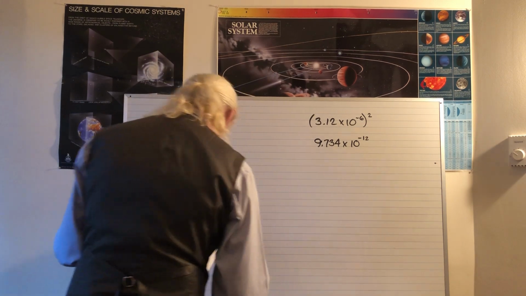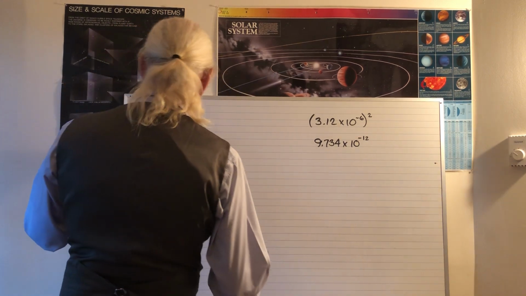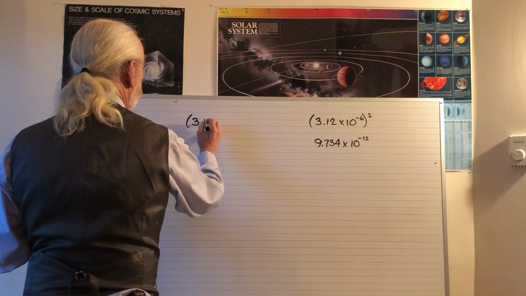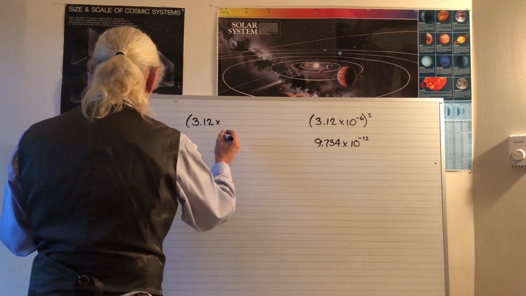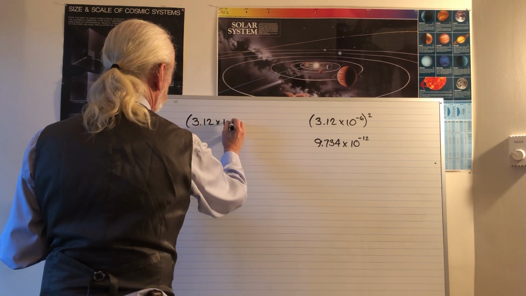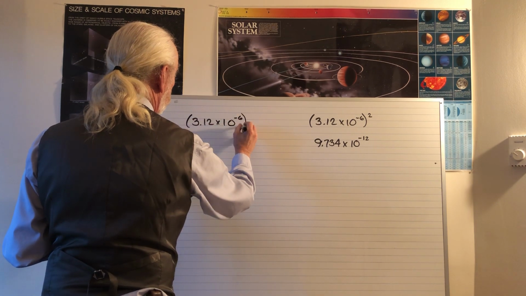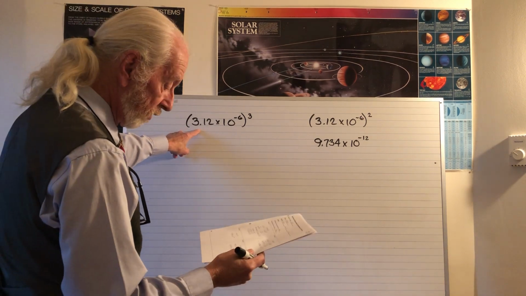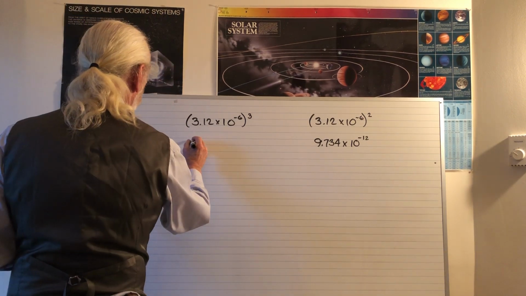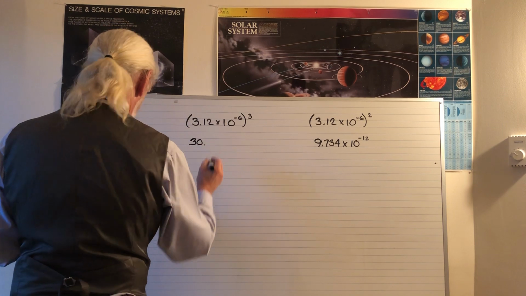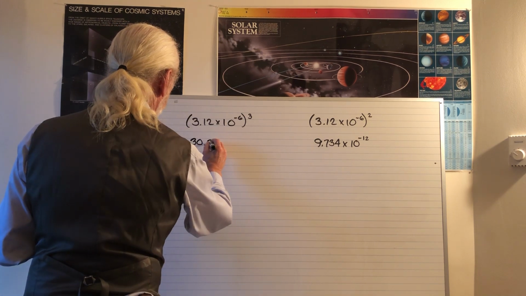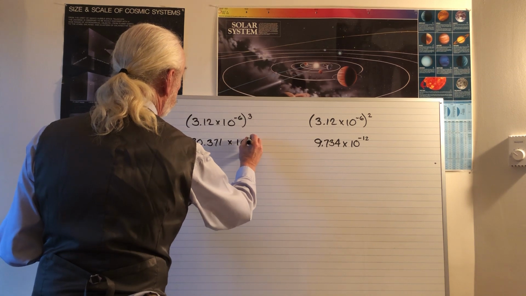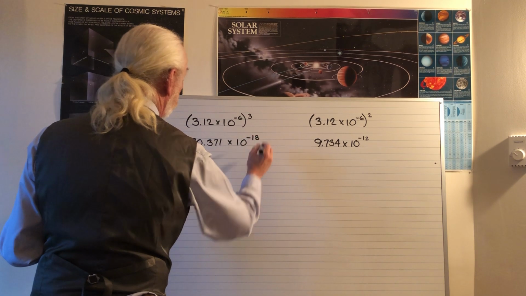And example number 4. 3.12 times 10 to the negative 6, all cubed. So 3.12 cubed comes out to 30.371 times 10 to the negative 18.